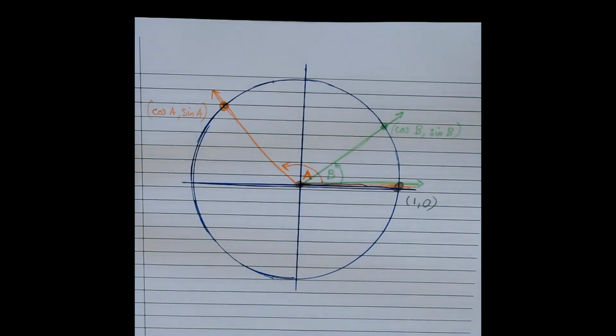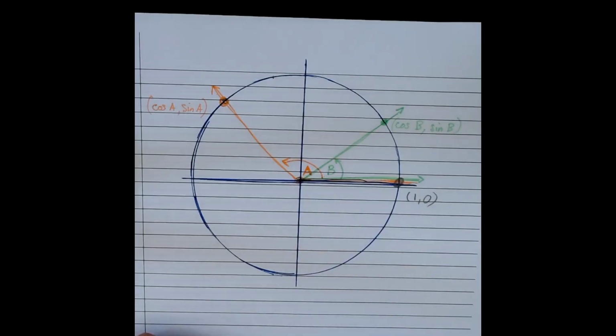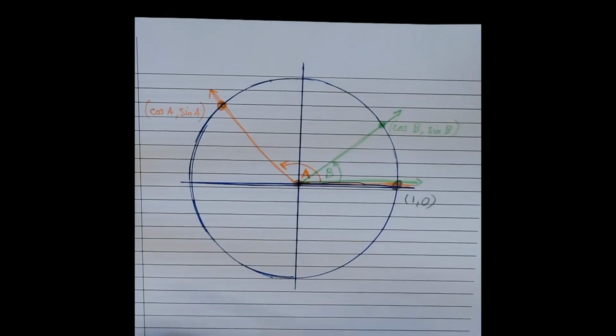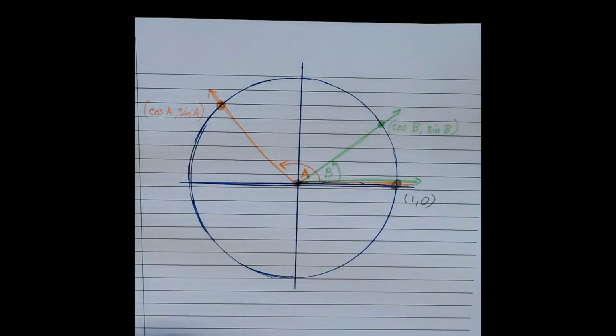Now, I'm going to draw a third angle. You say, okay, so you have an A and a B, so you're going to draw a C next? Well, no, because even though these two angles are unrelated to each other, they're just two random angles, the third angle is going to be a combination of the two. I'm going to make the third angle the difference between these two.